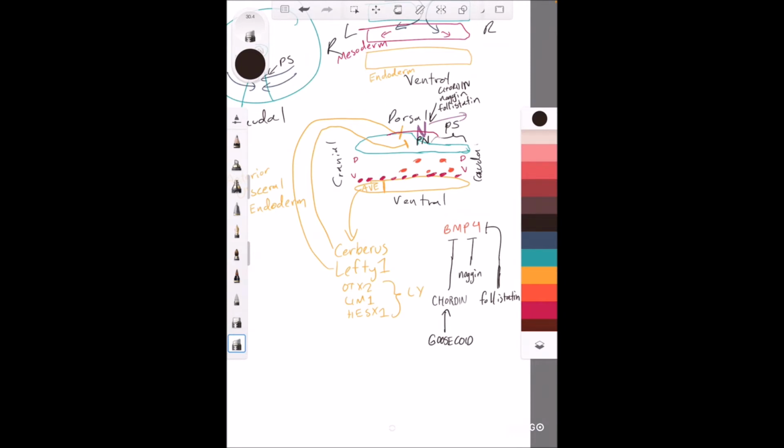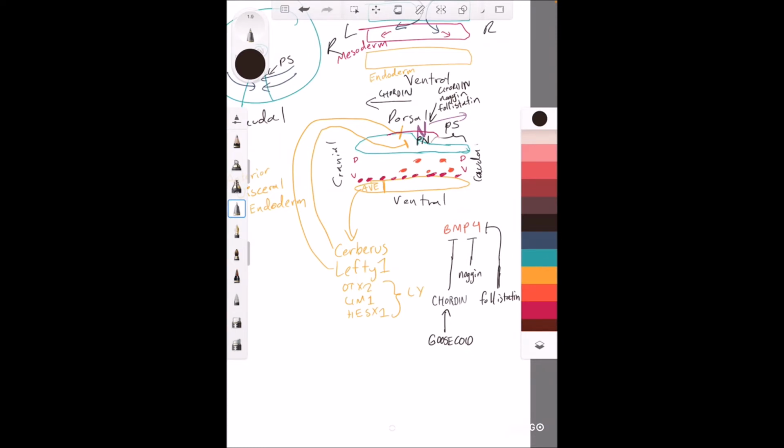So goosecoid and chordin, their gradient is going to affect the cells that are in the node and cranial. Whereas nodal was expressed from the node and towards the tail end, the chordin will be affecting cells that are in the node towards the head end. So this is where chordin works.